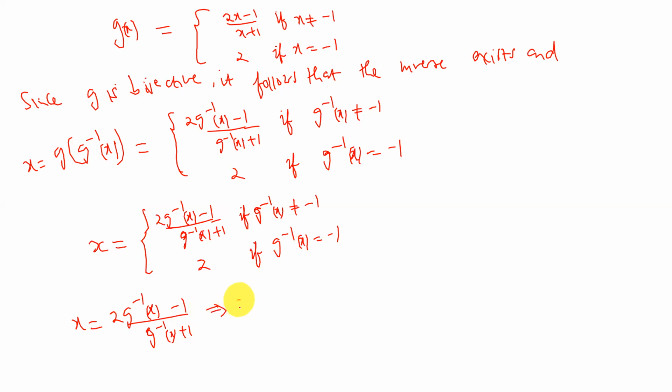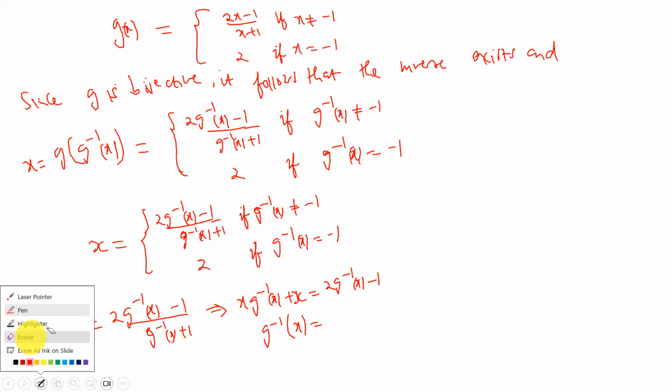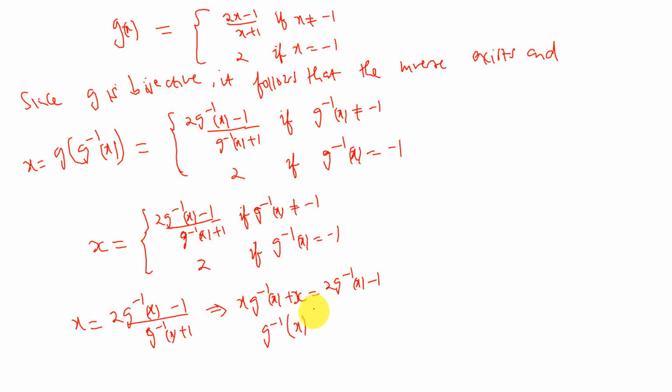You cross multiply. So you have this one here, which is x minus 2 is minus 1 minus x.